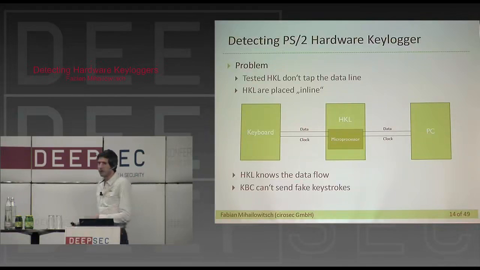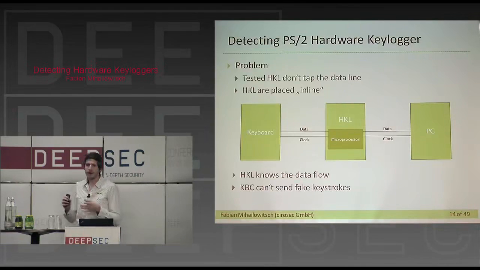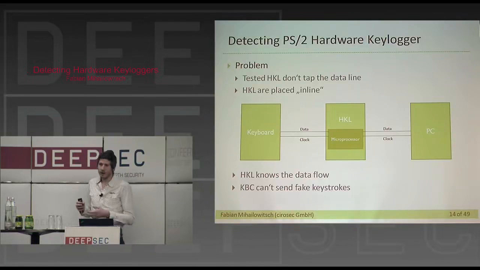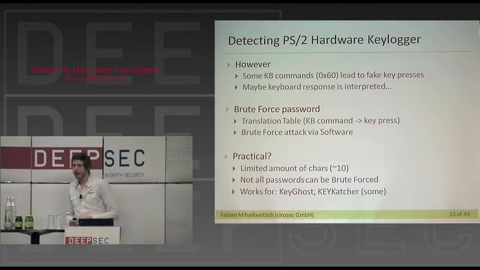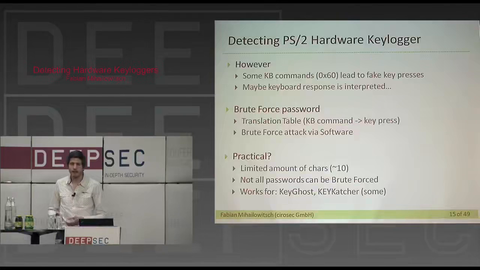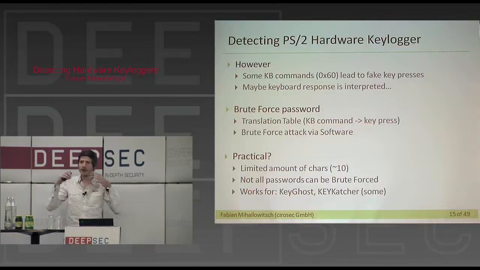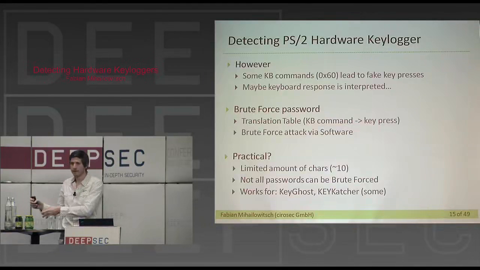So the hardware keylogger actually knows how the data flows. It can recognize whether the keystrokes are sent from the PC side or the keyboard side. And so you can't simply inject fake keystrokes via the KBC. But the cool thing is, during my tests, I found out that certain keyboard commands you send to the keyboard actually lead to fake key presses, probably because the response of the keyboard is interpreted as a key press.